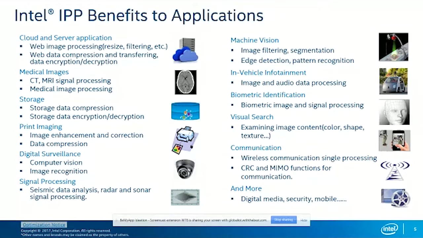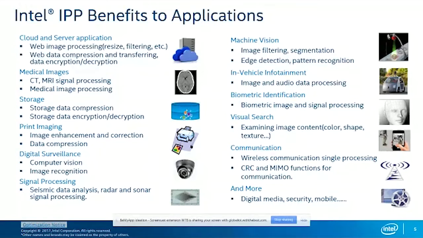And if you work in a special industry, like medical, IPP provides image functions that can help with medical image processing. If you're working on the storage side, it can use data compression. On the print side, it offers print image domains. And one of the very typical domains in IoTG and embedded is digital surveillance.